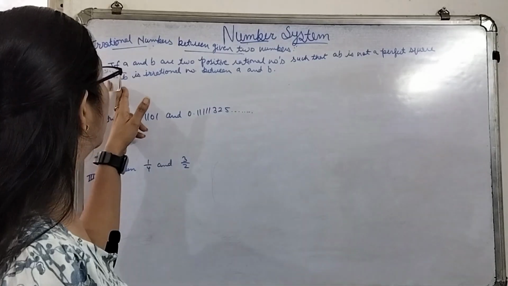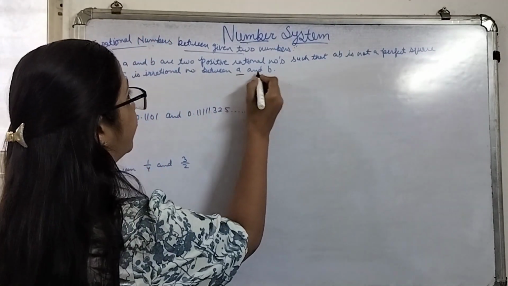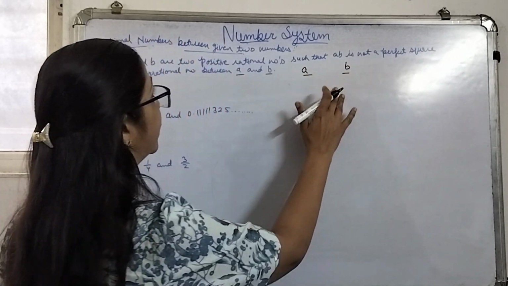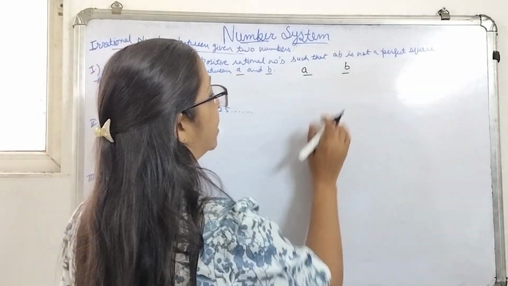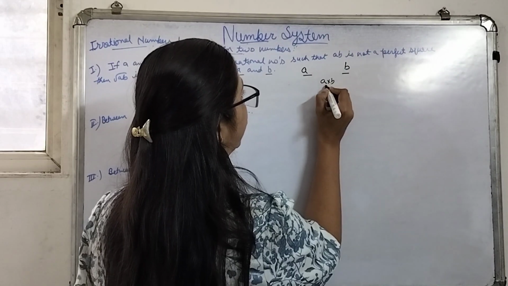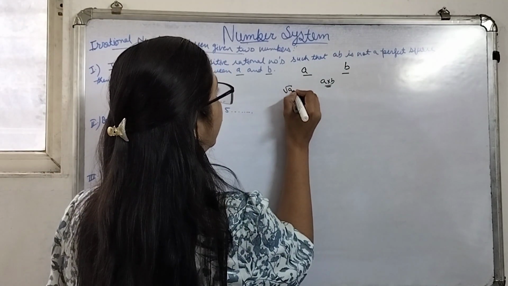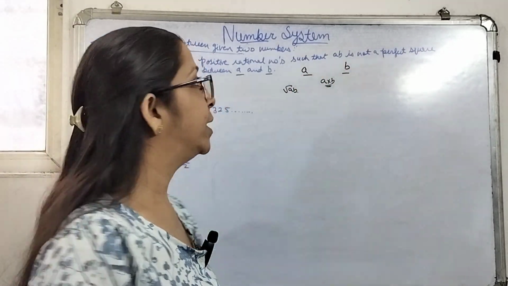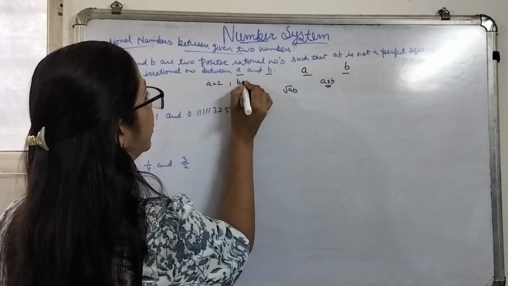In that case, root of AB will be an irrational number between A and B. That means if there are two positive rational numbers, and we have to find an irrational number between these two, and the product of these two, that means A multiplied by B, is not a perfect square, in that case root of AB will be an irrational number between these two given numbers. Suppose I am saying that one of the numbers A is 2 and another number is 9.